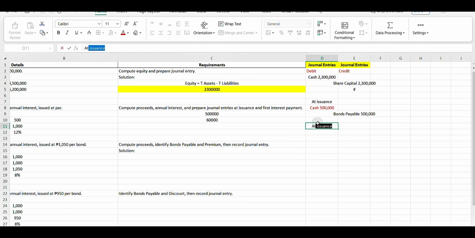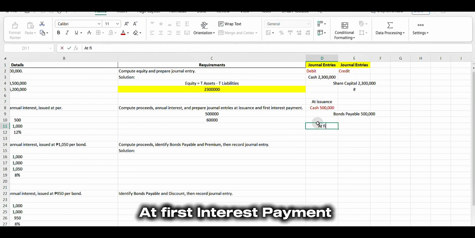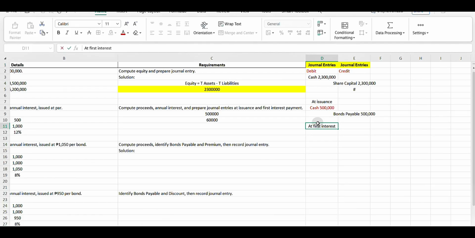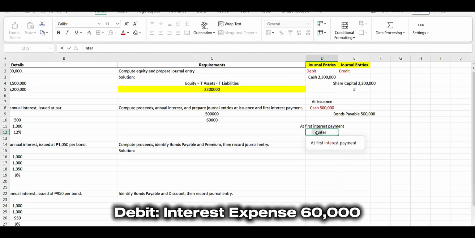Now for the second part, this is at the first interest payment. Your journal entry is debit to interest expense. Again, that is a total of 60,000 pesos.